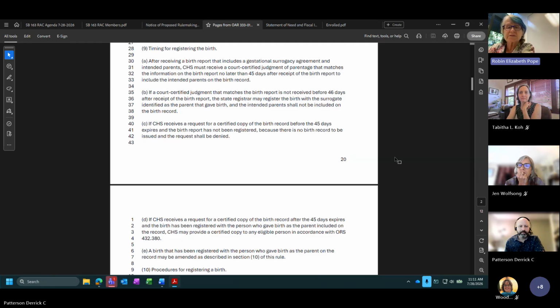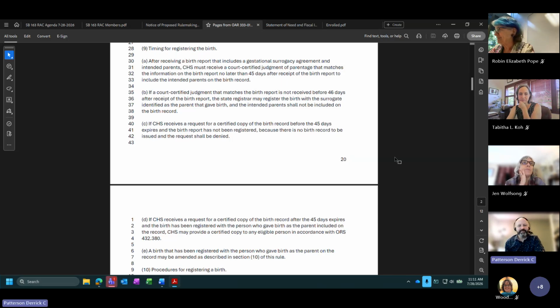We have electronic signatures. So I can kind of understand why Vital Records is coming from a place of saying we want there to be some verification from the court that this is really what these people intended, and not have people come in and fraudulently create birth records. So maybe we need to do a statutory fix, but Lane's not on the call and he'll go, nah. Anyway, thank you.